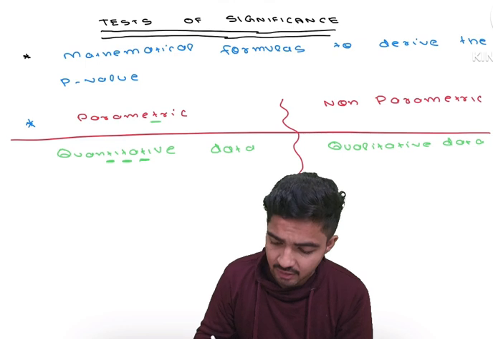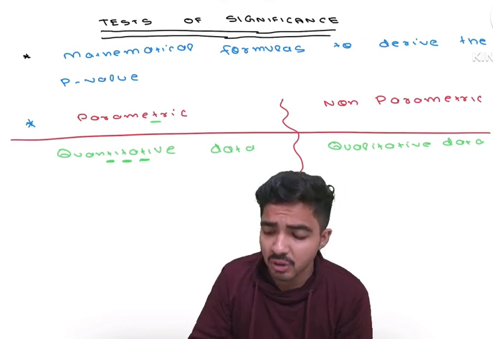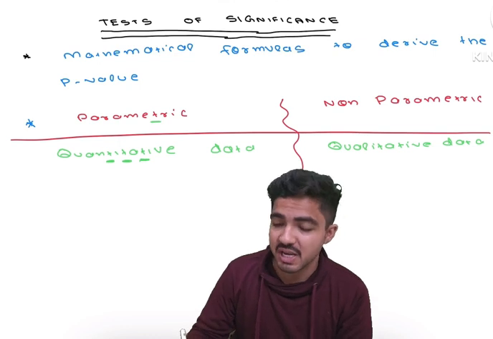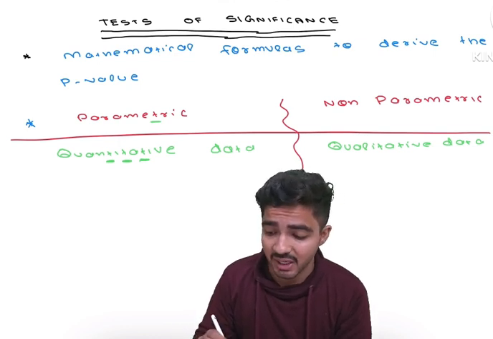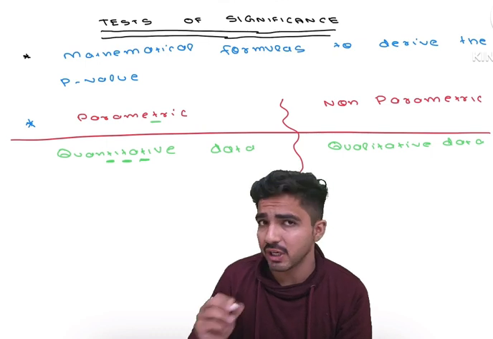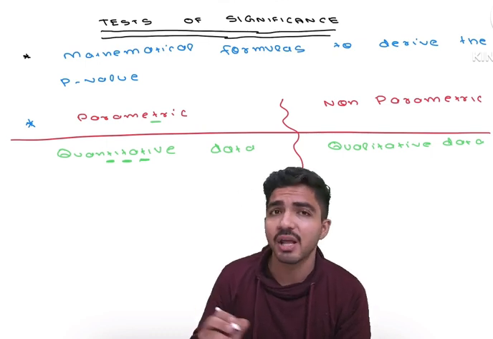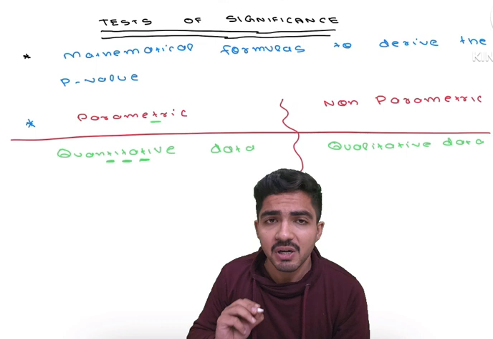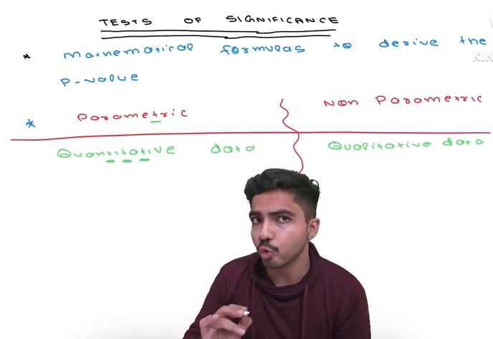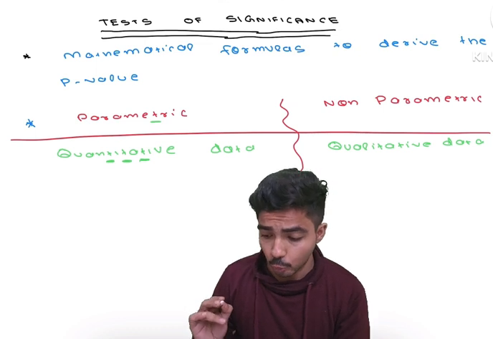The more the number of T's, the more you include it in parametric. Quantitative has 3 T's in it, so you should include it in parametric tests. This was a simple trick which you can remember whenever you confuse between these two.